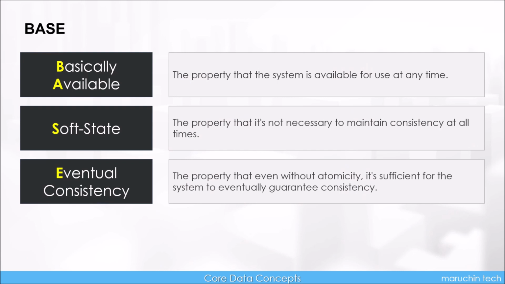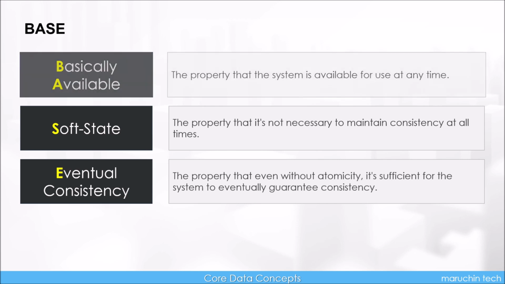And next I'm going to introduce BASE. BASE is a set of principles for databases that focus on high availability and tolerance to network partitions, with eventual consistency rather than immediate consistency.